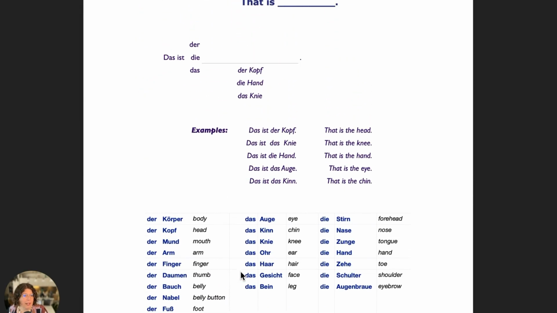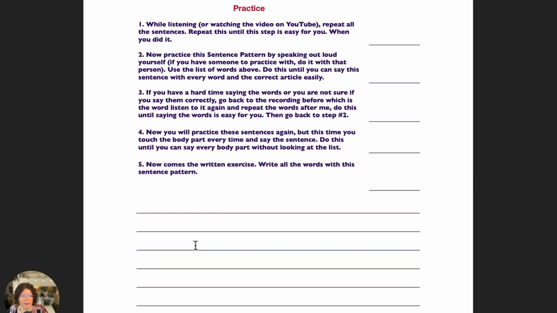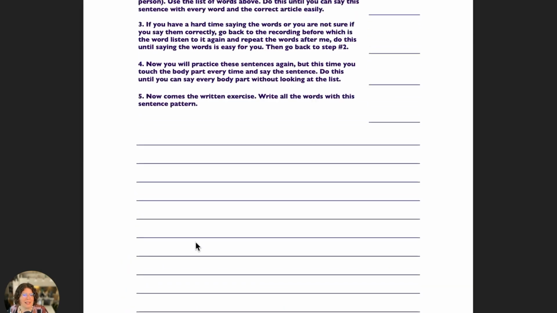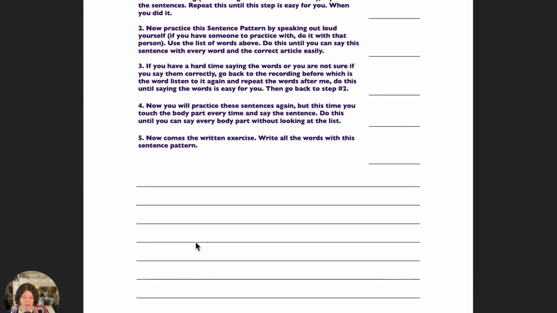And you write all of these sentences. You write, das ist der Körper, das ist der Kopf, das ist der Mund, and so on. Okay, so that's your exercise for this particular sentence pattern. In the future, it's similar. Every sentence pattern you learn, you exercise it.